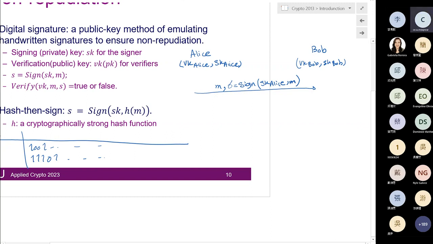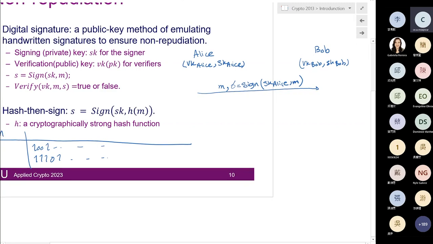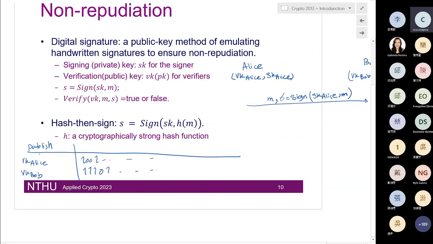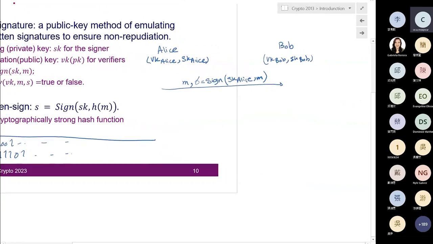The reason that we use this one is that the story with the digital signature is that the user would use, unlike the public key, your own secret key to sign. And then Bob would be able to extract Alice's verification key from the public repository and verify that signature.